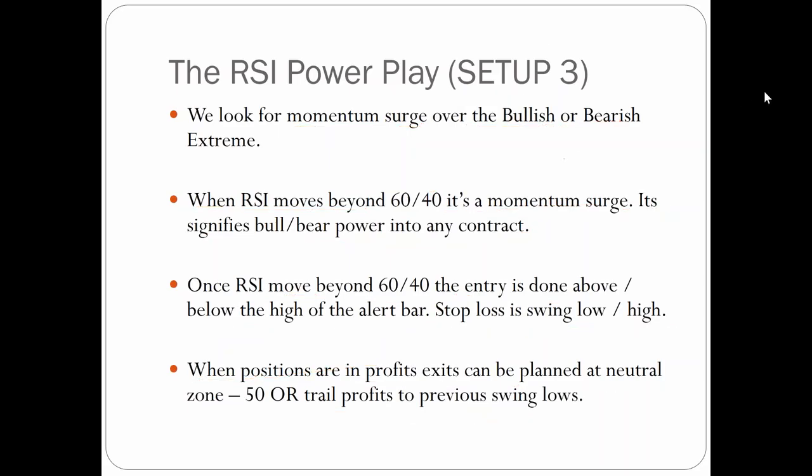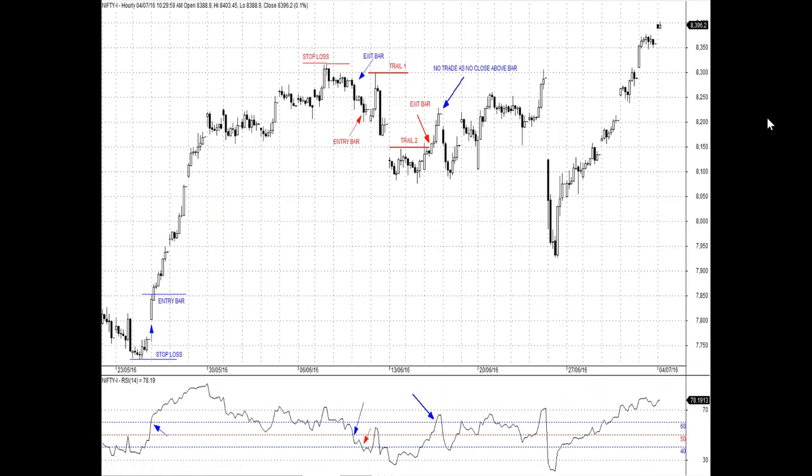I'll just explain to you on a chart what this setup is. We call this the momentum surge method. One single tool and how you can use it in trading in various different ways. So this is the 60 level and this is the 40 level. Once the RSI crosses the 60 level, at this bar RSI crosses the 60 level.